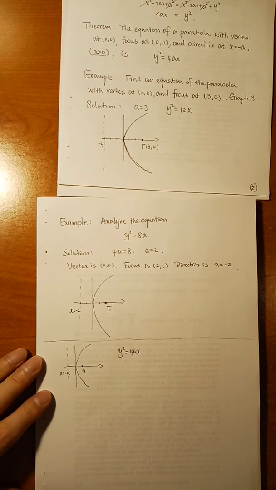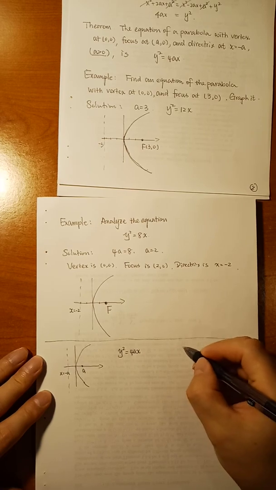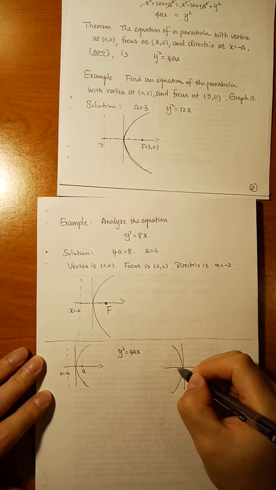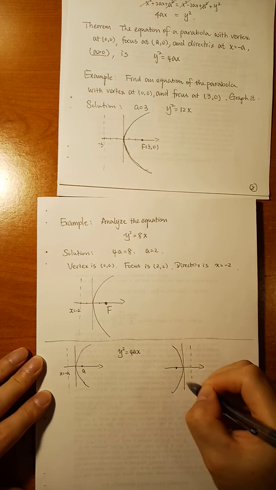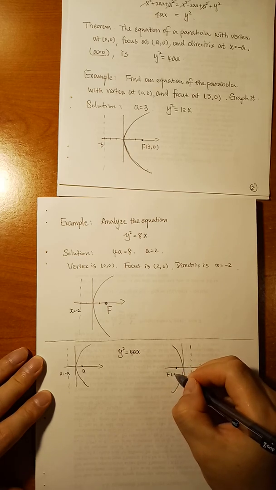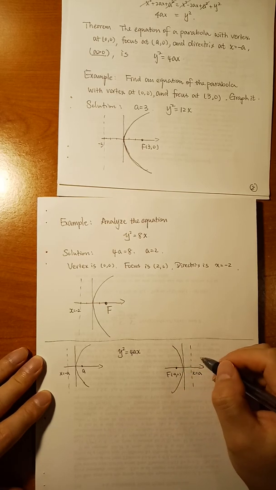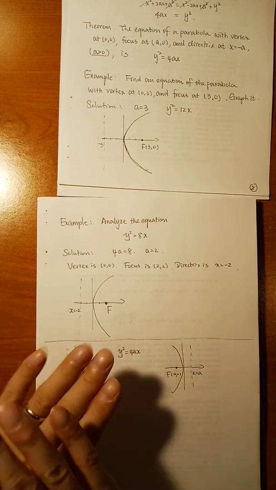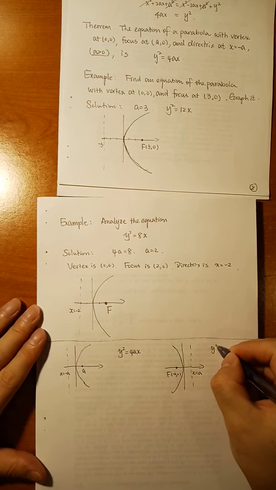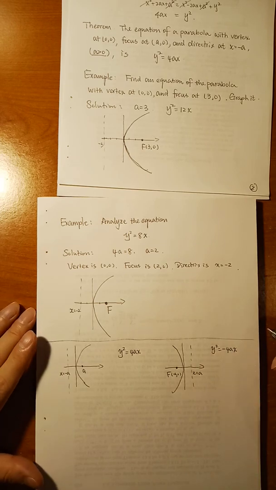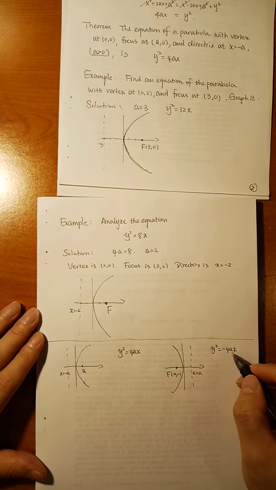Or if we have left focus and the right directrix, you just switch them, and you get a negative sign. y squared is equal to negative 4ax, and again a is positive.